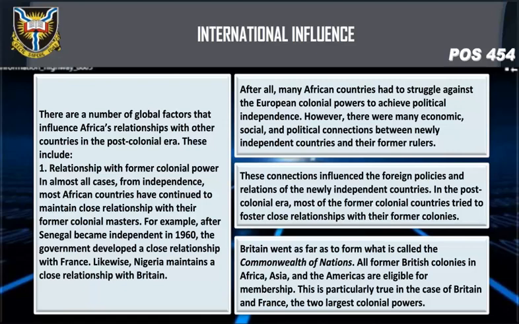In the post-colonial era, most of the former colonial countries tried to foster close relationships with their former colonies. This is particularly true in the case of Britain and France, the two largest colonial powers. Britain went as far as to form what is called the Commonwealth of Nations, all former British colonies in Africa, Asia, and the Americas are eligible for membership.